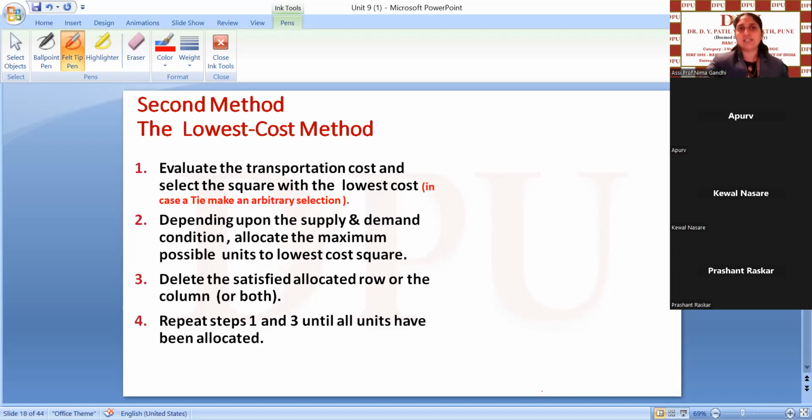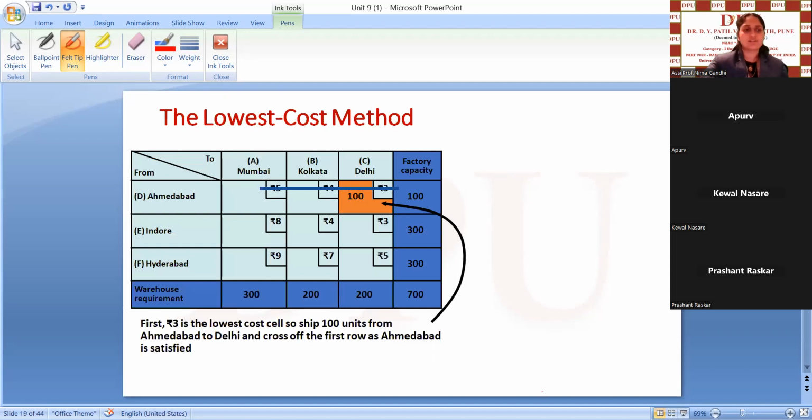So the second method is the lowest cost method. Let's solve the same problem using the lowest cost method. I'm writing the same problem again.